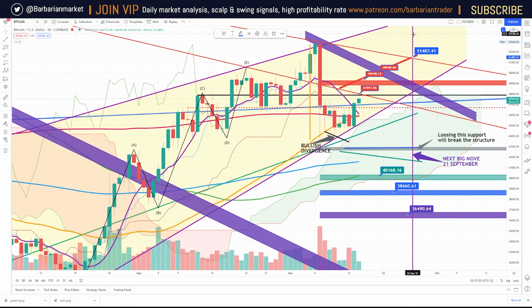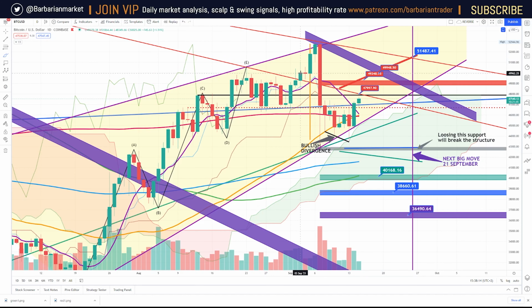And funny stuff, you see this purple line? This is on 21 September. I think on this date, plus minus, we'll have some very strong move. So what is possible? We can play around in this area and then just strike down.